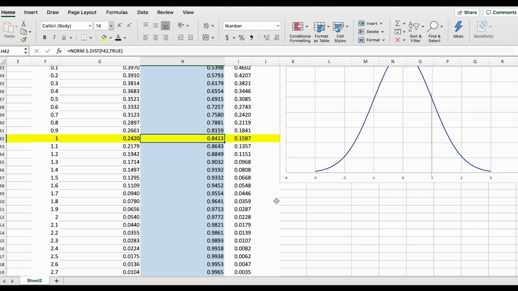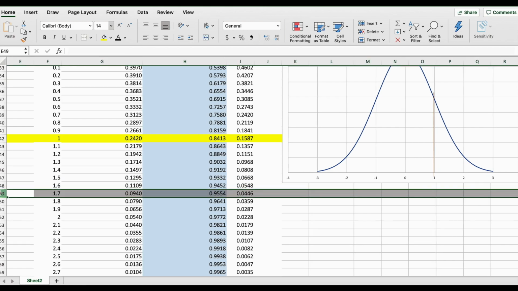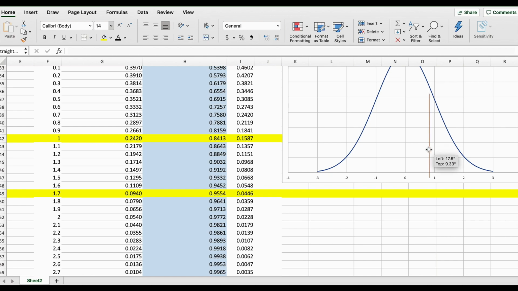Okay. Another example, let's look at 1.7. So 1.7 should be somewhere around here on the right hand side. Again, using our normal standard distribution function, we found the cumulative probability for when z is 1.7 equals 0.9554.